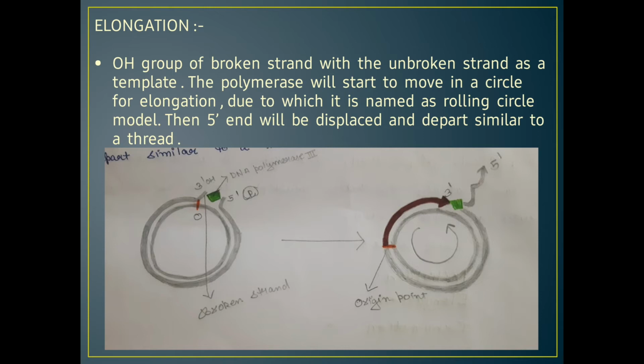In the elongation step, the OH group of the broken strand, with the unbroken strand as a template, is where the polymerase will start to move in a circle for elongation, due to which it is named the rolling circle model. Then the 5' end will be displaced and depart similarly to a thread.